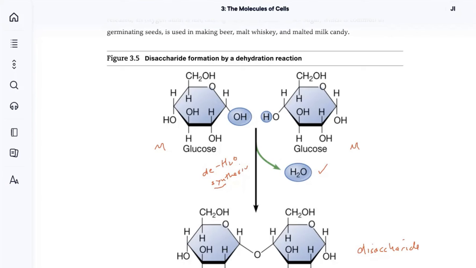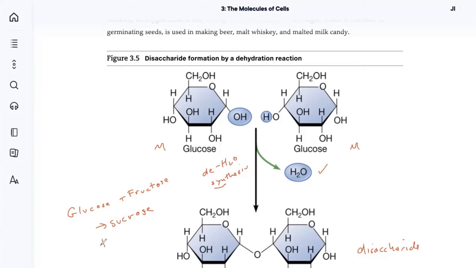So that's a disaccharide. If instead of having a glucose and a glucose, you had a glucose attaching to a fructose, that was the sugar that we looked at in the previous section, that would give rise to sucrose. Sucrose is a disaccharide resulting from the dehydration synthesis of a glucose with a fructose molecule.